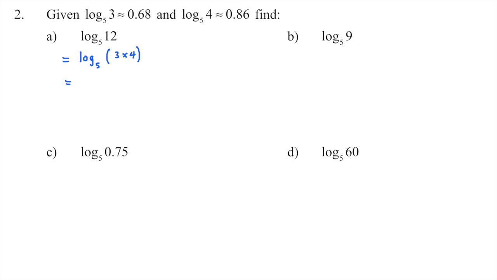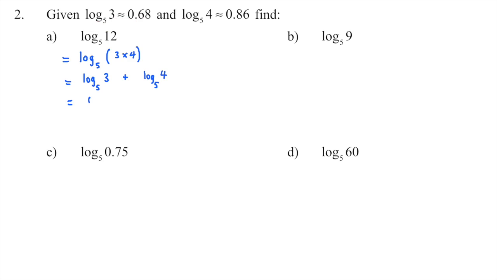But we know that if we're timesing logarithms, I can write this as log to base 5 of 3 plus the log to base 5 of 4. That's using the first law of logarithms that we looked at before. Now the log to base 5 of 3, if I look up here, is about 0.68 if we round it off.